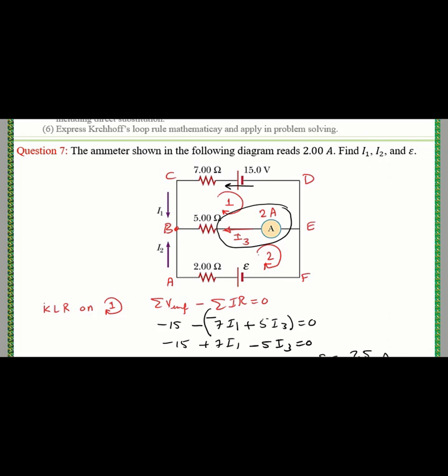So resolve this question if 2 amperes is to the right, from B to E. The question should indicate that.